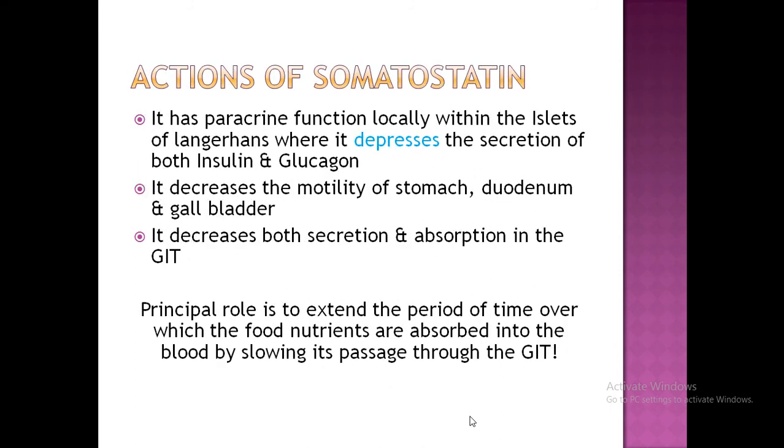It has a paracrine function locally within the islets of Langerhans, where it depresses the secretion of both insulin and glucagon. It decreases the motility of the stomach, duodenum and gallbladder. It decreases both secretion and absorption in the GIT.